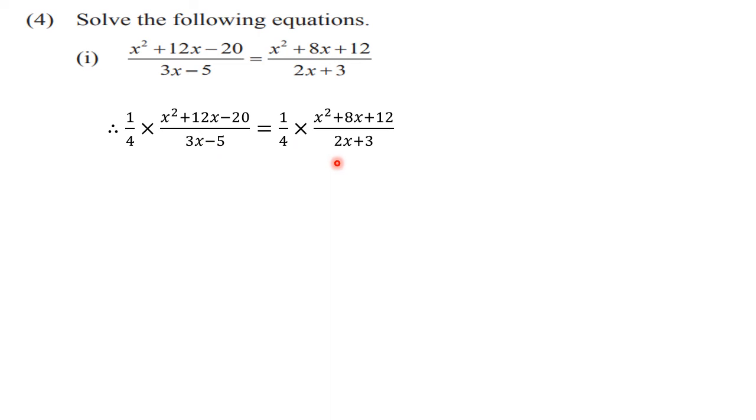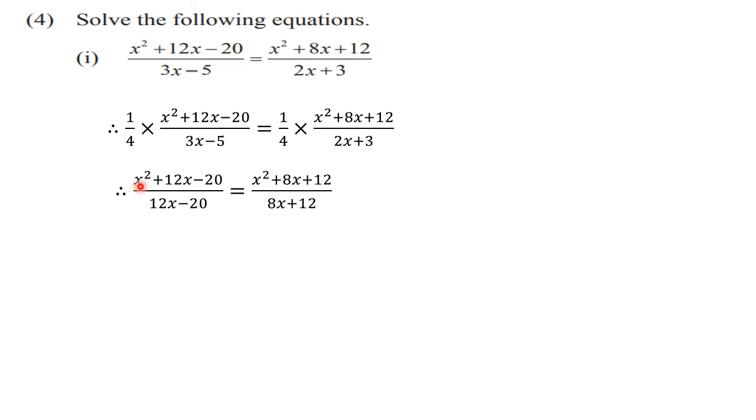This is the very first step. Now when we multiply here, 4 into 3x we will get 12x, and 4 into minus 5 we will get minus 20. So without thinking much, write down these two same terms in the denominator. Here also these two same terms you will write down in the denominator. Okay, so the ratio will be like this now.